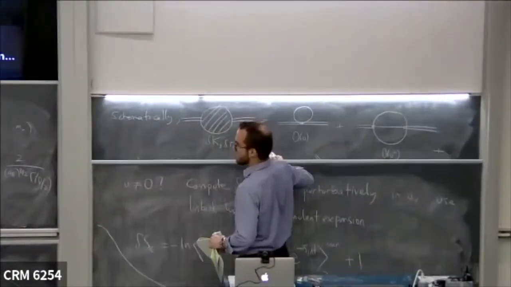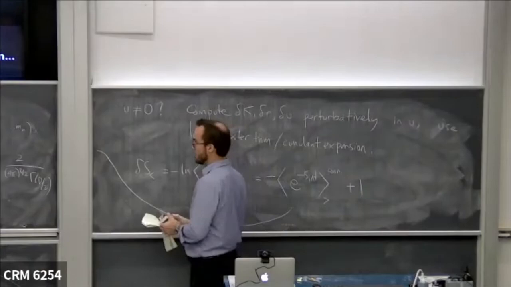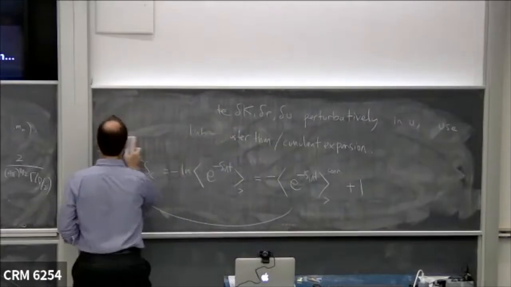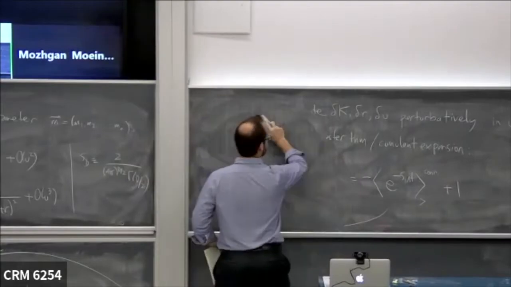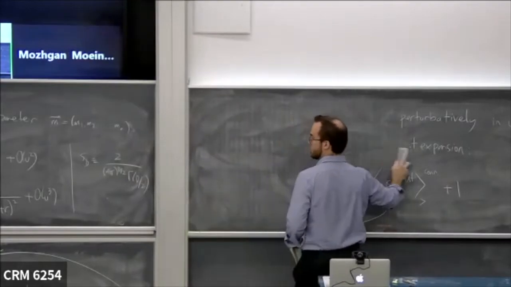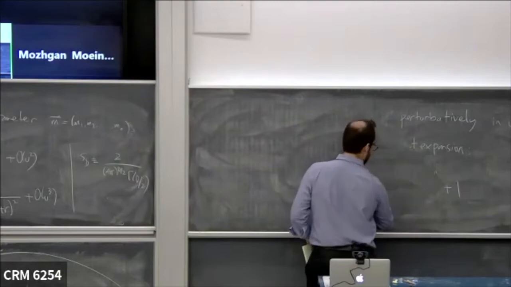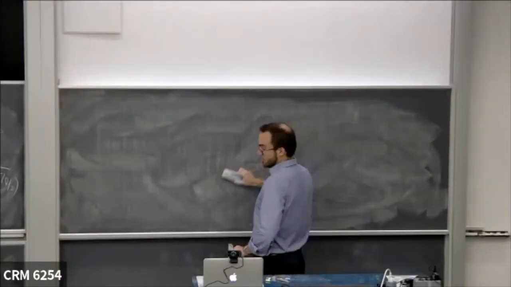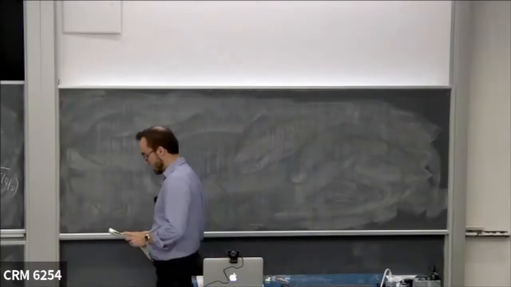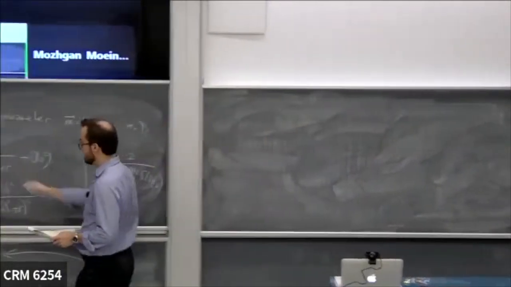So they're not exact; they are valid to first non-trivial order in the interaction strength U. So we want to solve them to find a fixed point, find a zero of these beta functions.